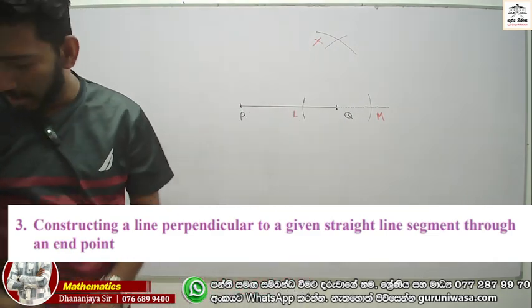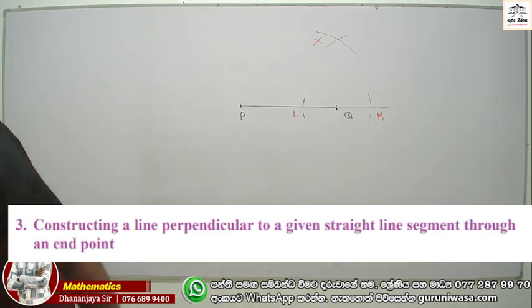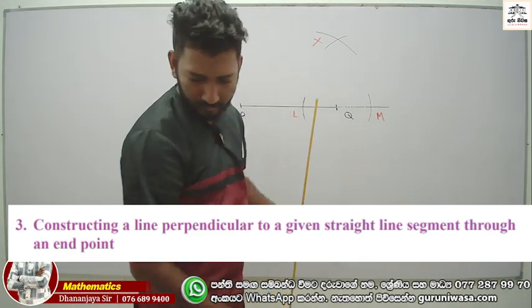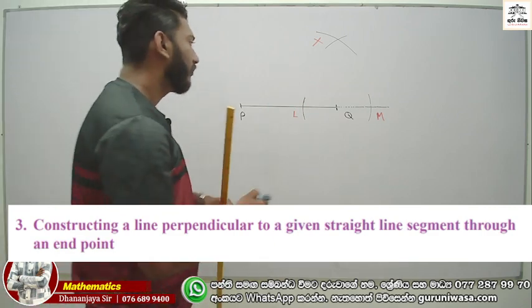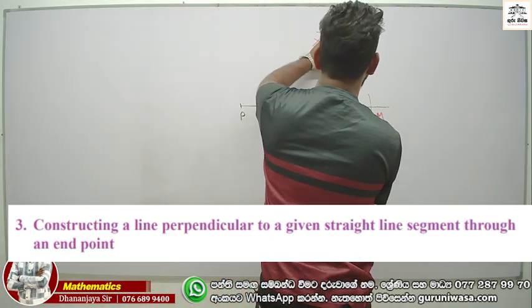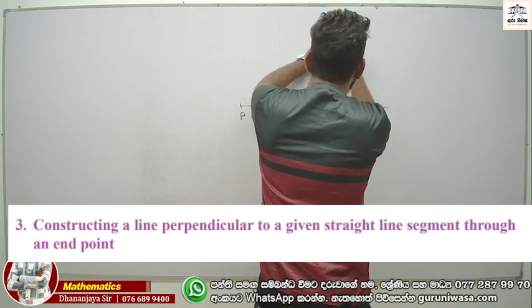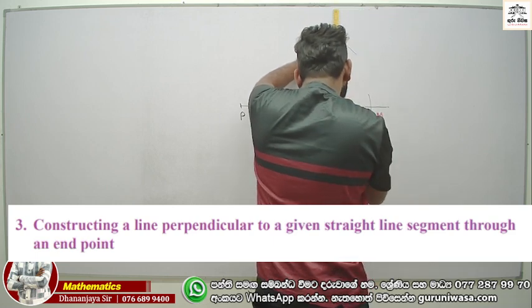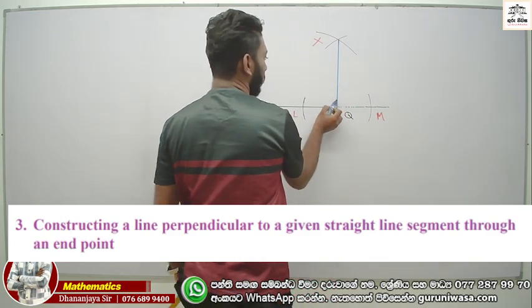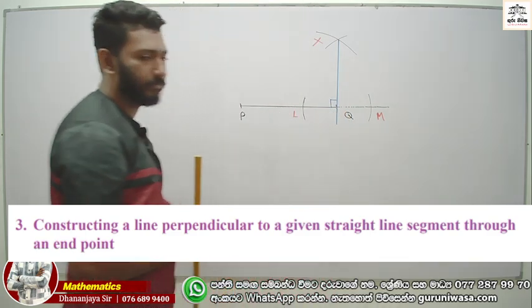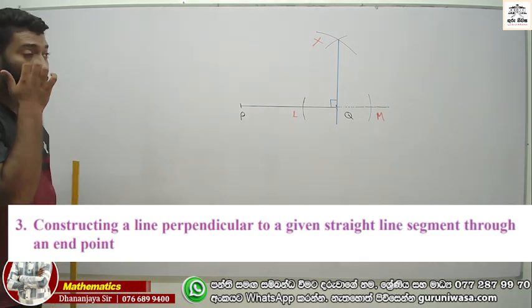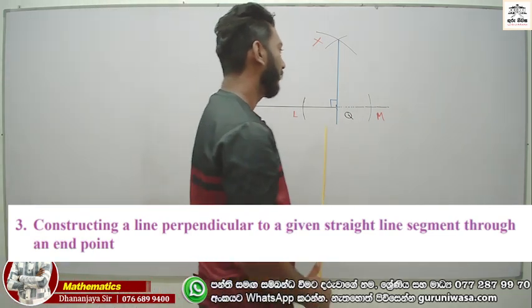Join X and Q. Now this one should be a perpendicular. Yes, that's the way, right? Now do it.